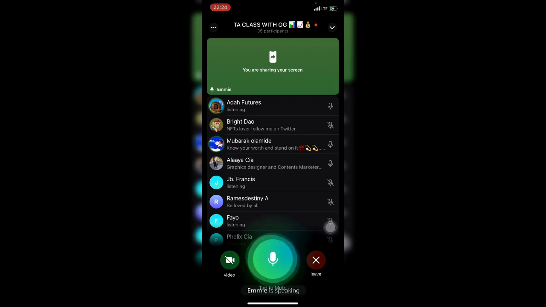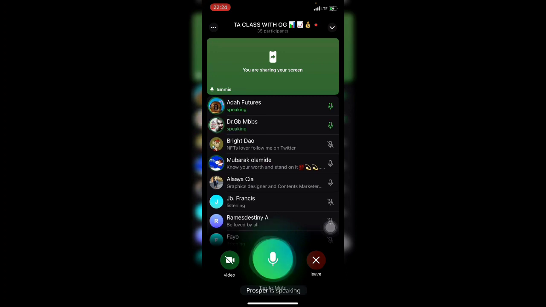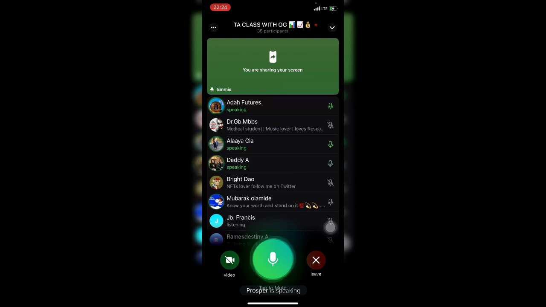My Bluetooth is disconnecting, that is the issue. Sorry, give me a few seconds, let me connect it. Let me work on my network so that I will repeat what I just said.